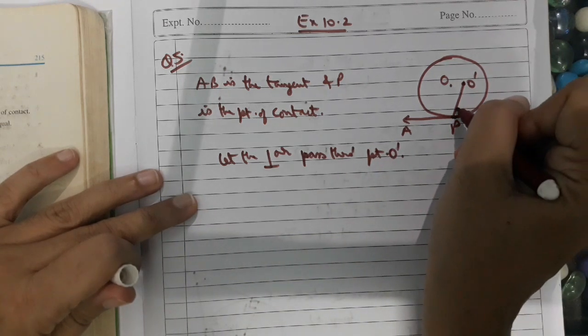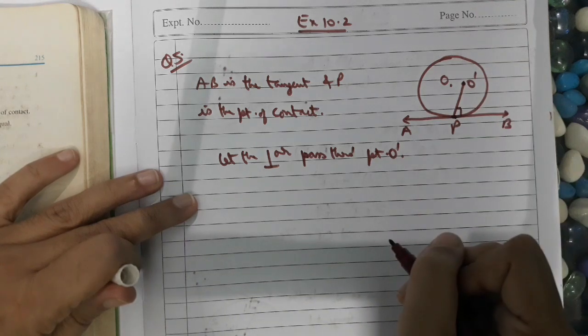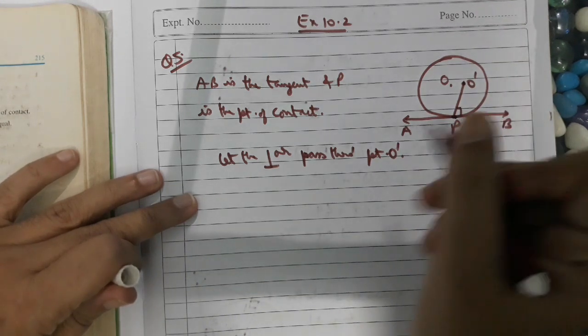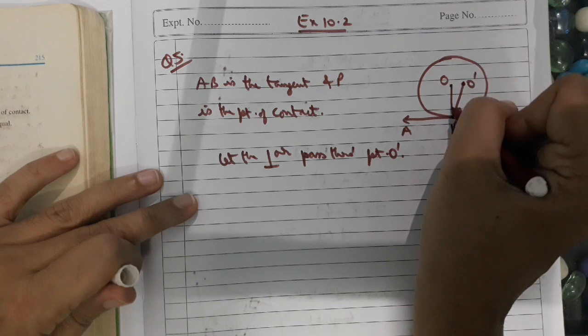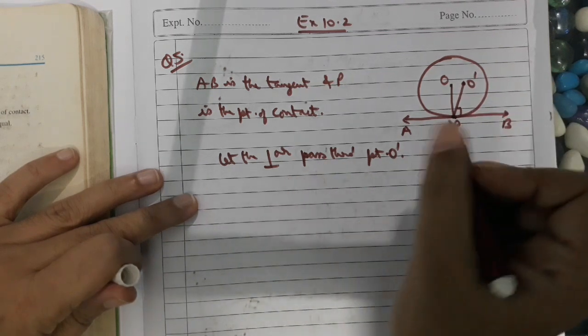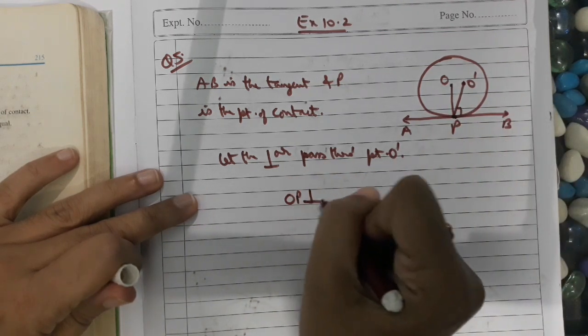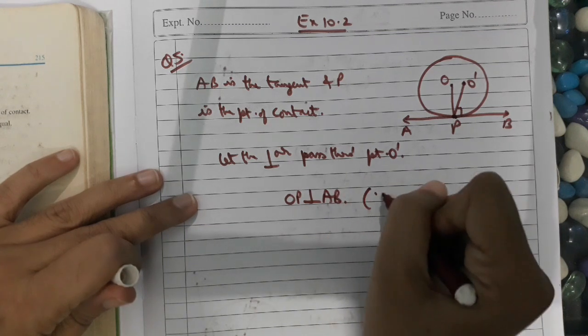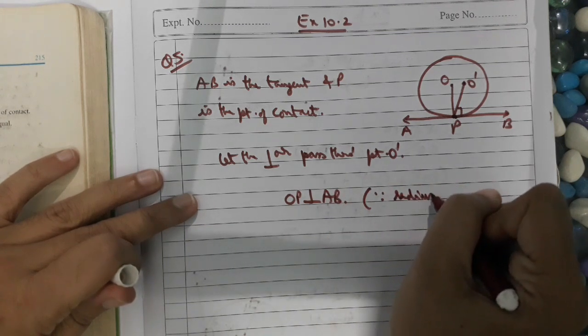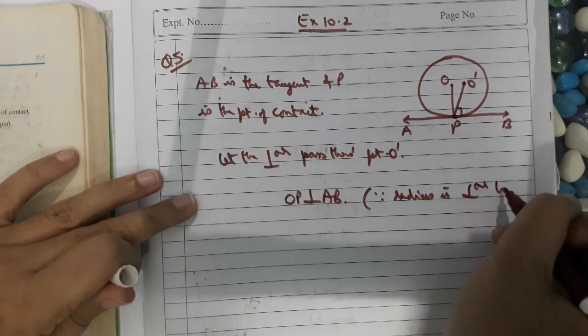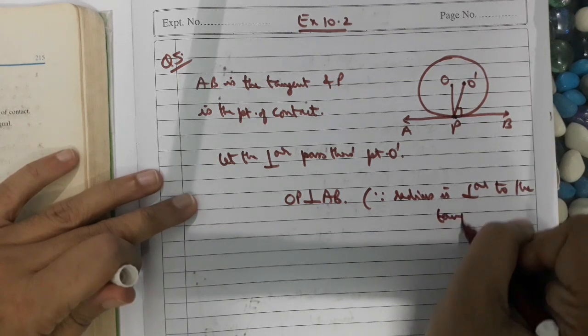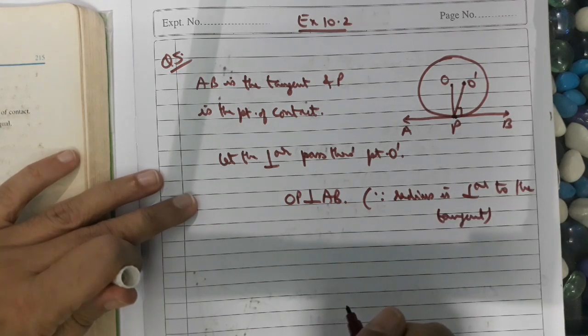This perpendicular is passing through point O dash. This is what we have taken. Now if we join OP, so we know that OP is perpendicular to AB because radius is perpendicular to the tangent. So that is why OP is perpendicular to AB.